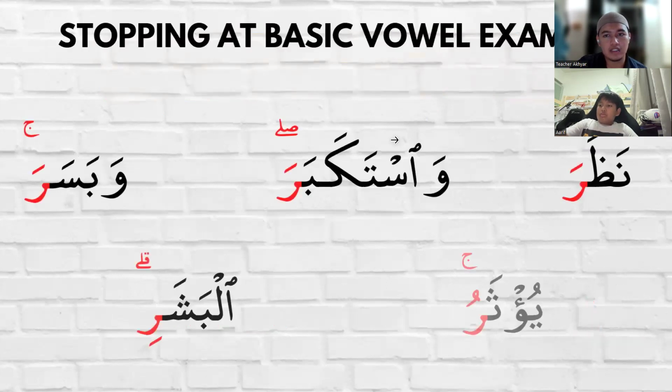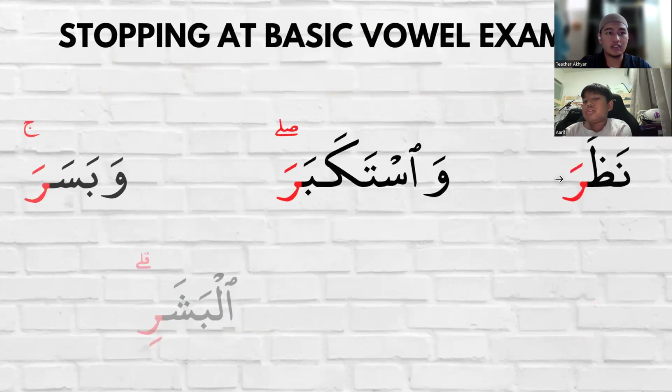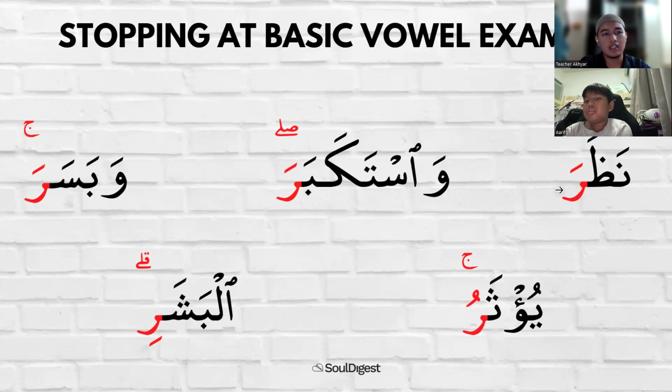And these are more examples. The first type was sukun, right? So it has the sukun symbol, if you still remember it. But this one doesn't have the sukun symbol.